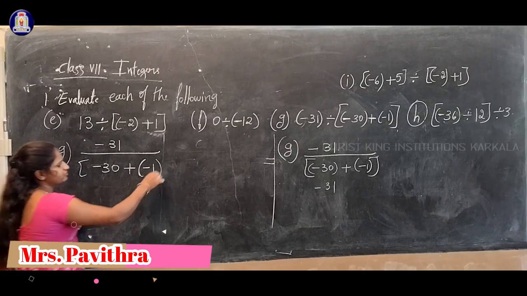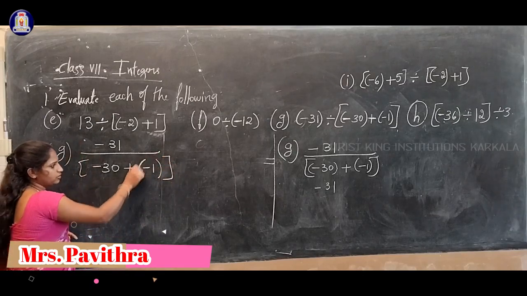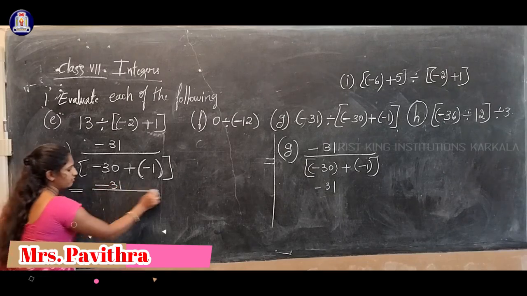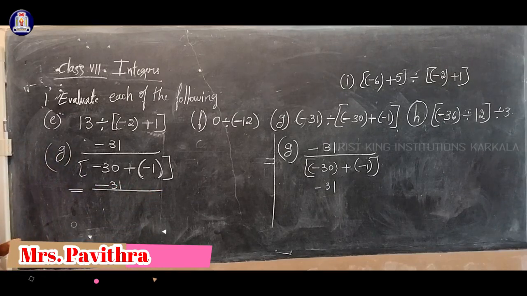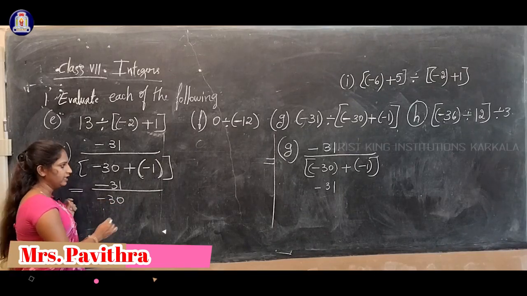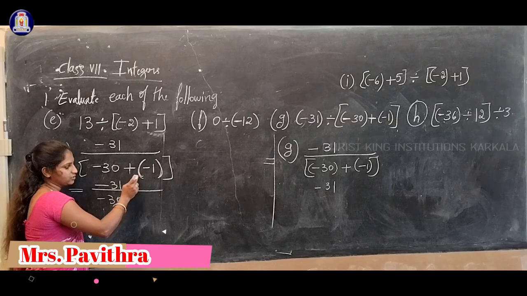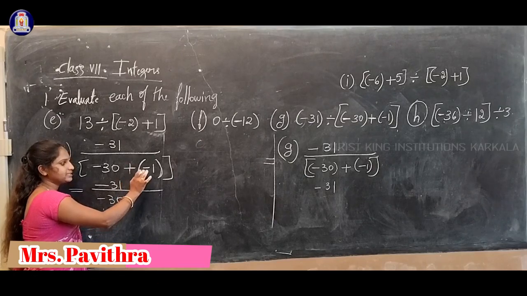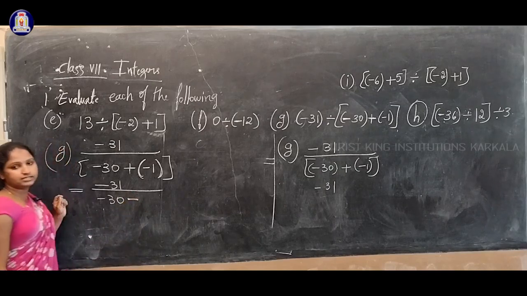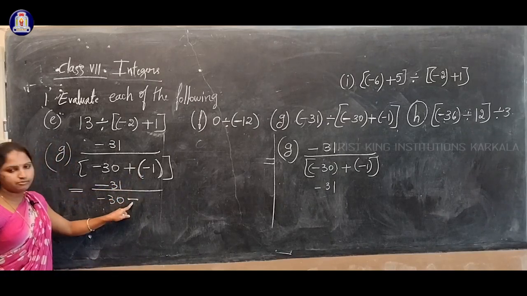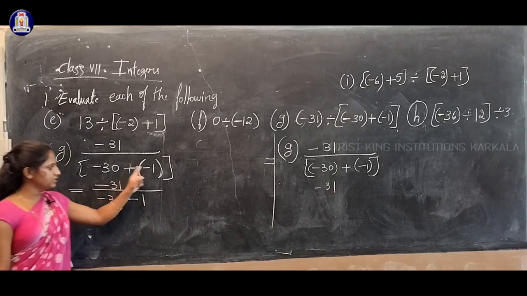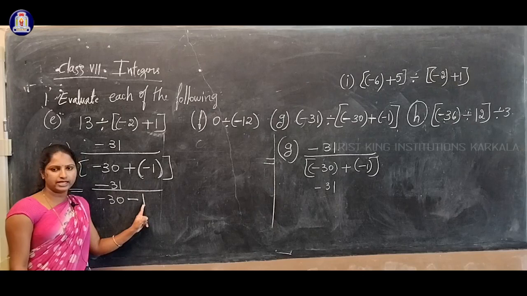So first you have to remove this bracket. Multiply the sign: plus into minus is minus. Then write 1 as it is.